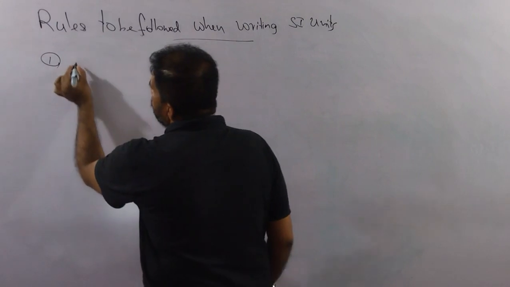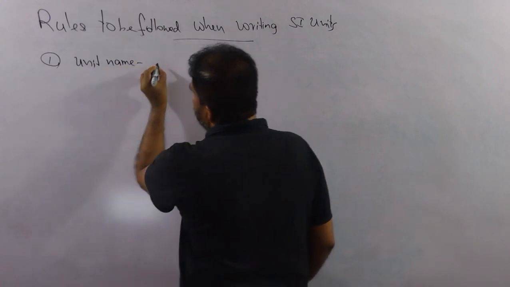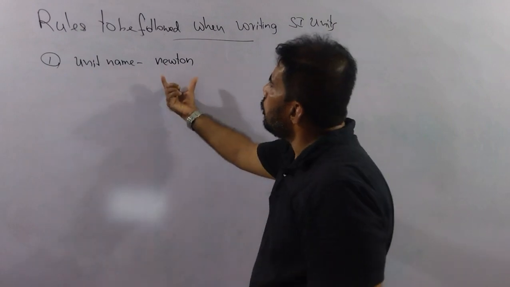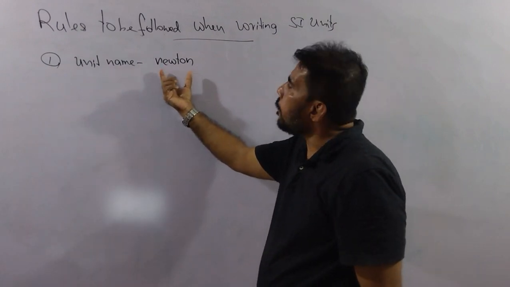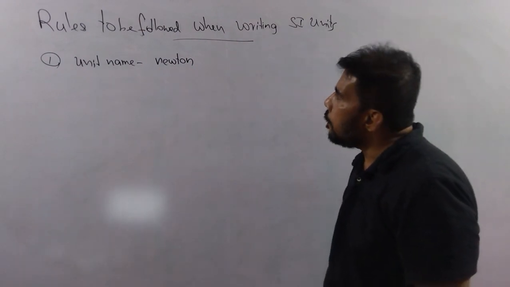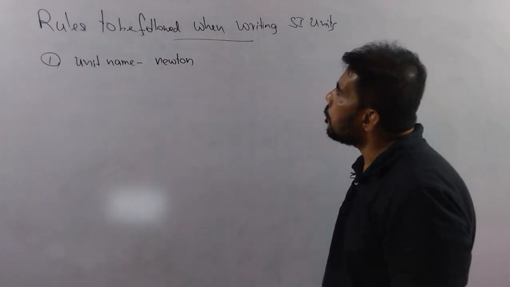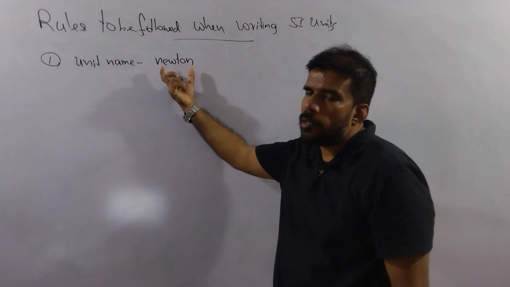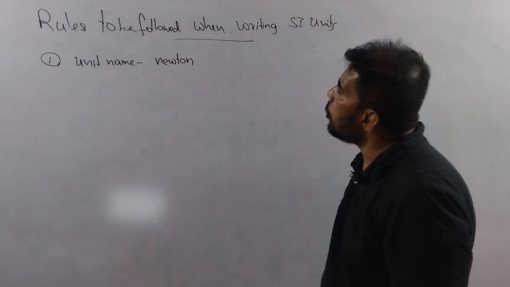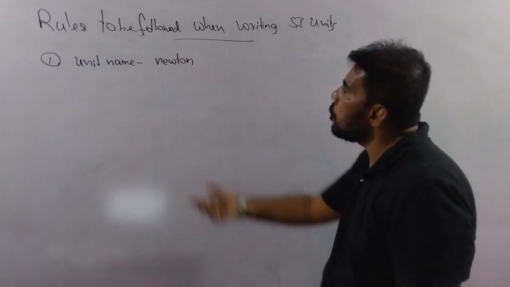The unit Newton, unit name is newton. If this is not at the start of a sentence, then we have to write newton all in simple letters, because we are discussing the unit name, not the person's name. If we want to discuss the person's name, then definitely it should be capital, the proper name. But this time it is the unit name newton.